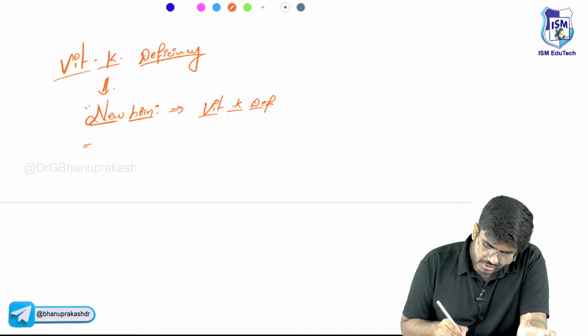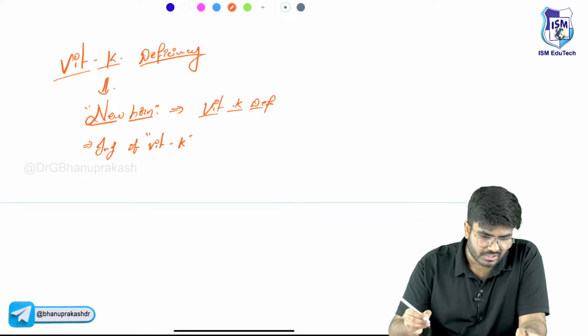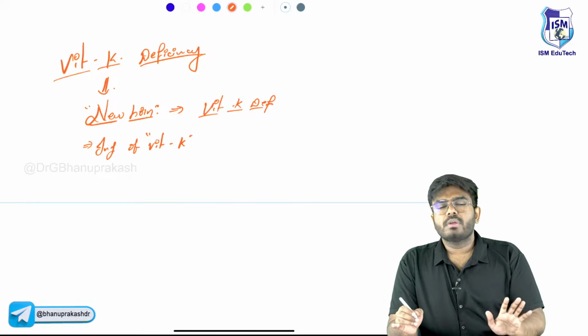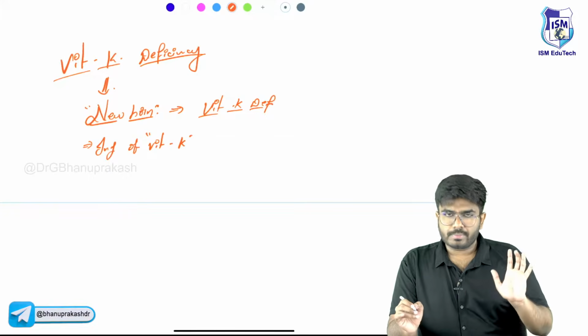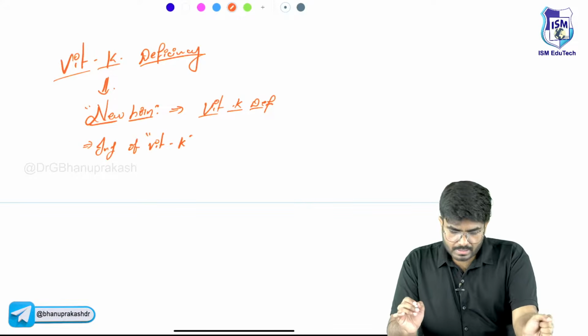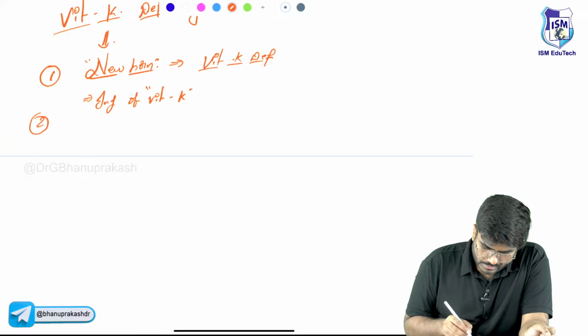So in the newborn, what we have to give? We have to give injections of vitamin K. Usually throughout India, we give vitamin K injections immediately to the newborn. Who else can get vitamin K deficiency?